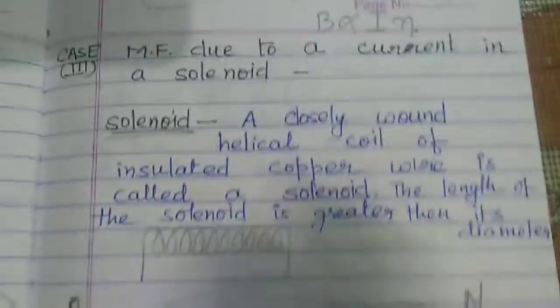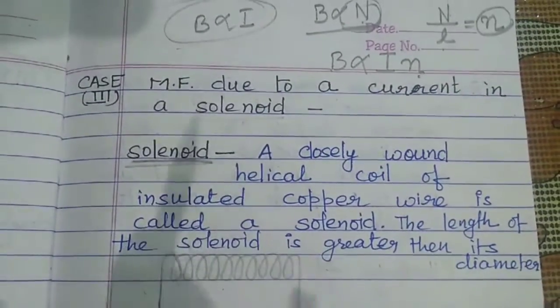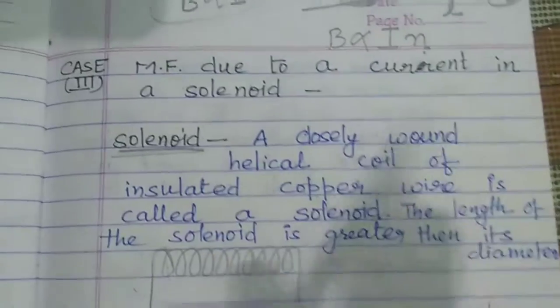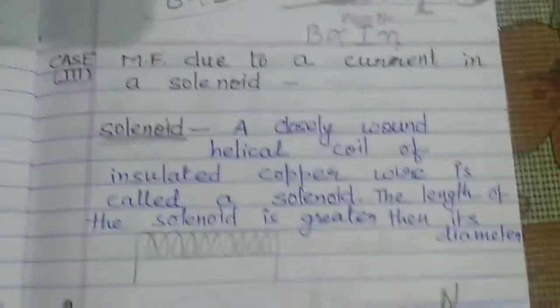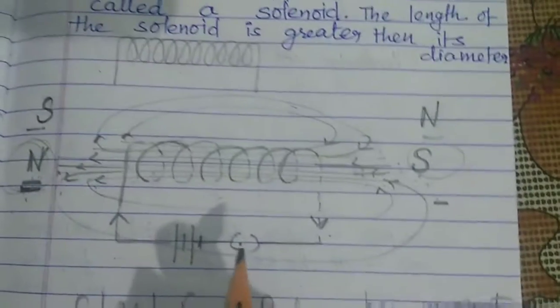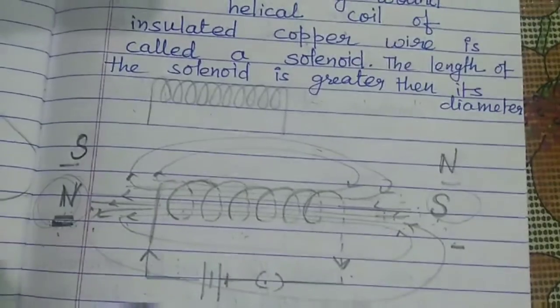So this is all for today. Magnetic field due to a current carrying solenoid. Solenoid is a closely wound helical coil of insulated copper wire whose length is greater than its diameter. When current flows through the solenoid, the magnetic field pattern due to a solenoid resembles that of a bar magnet.